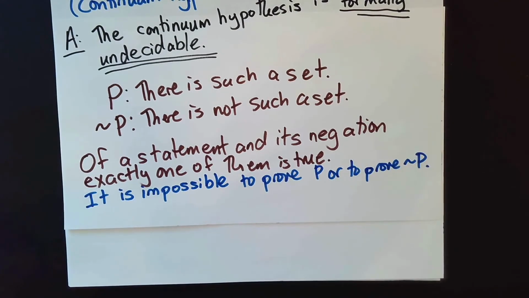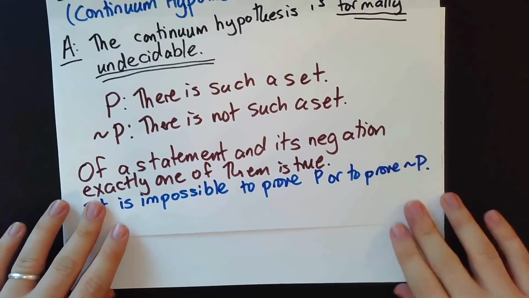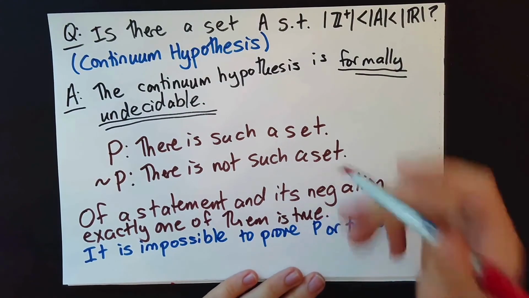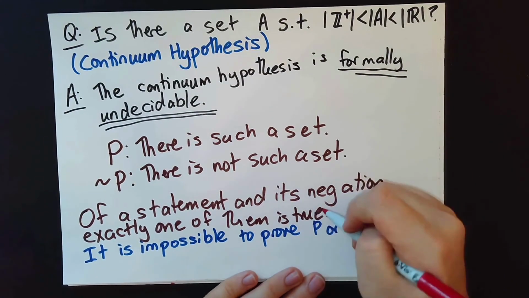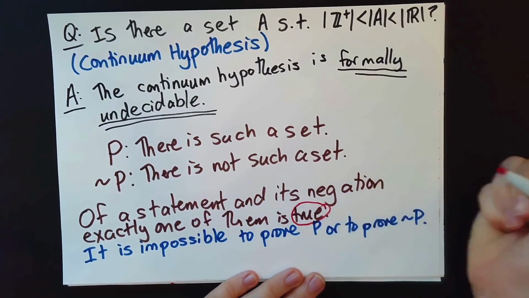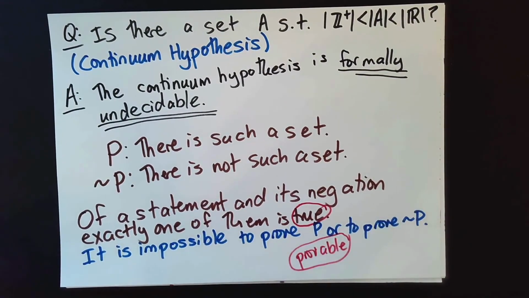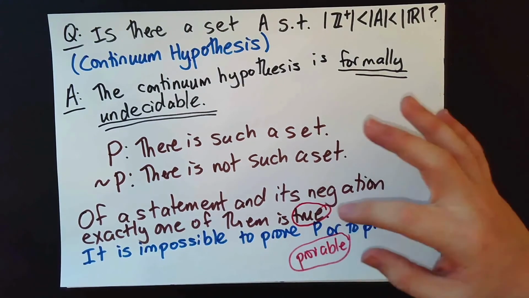And this is something which you may find fundamentally unsettling. The reason why this is fundamentally unsettling is that it calls into question the relationship between something being true and something being provable. And we have, through this entire course, tacitly assumed that these two words mean the same thing.